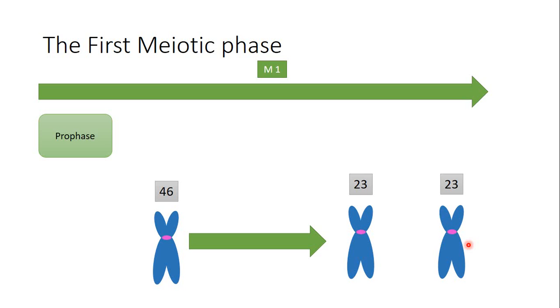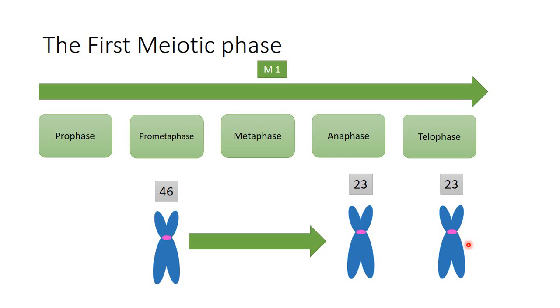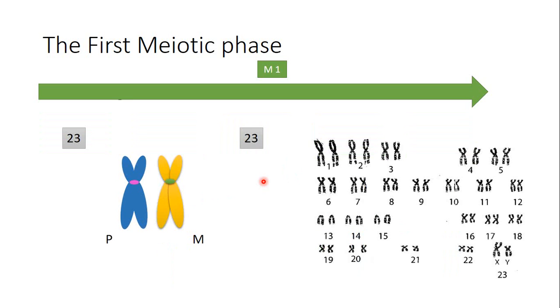The meiotic phase is made up of 5 subphases: the prophase, prometaphase, metaphase, anaphase, and telophase. We are going to see what happens in every phase. As I told you at the end, what you have to understand is that the 46 chromosomes are made of 2 sets of chromosomes.